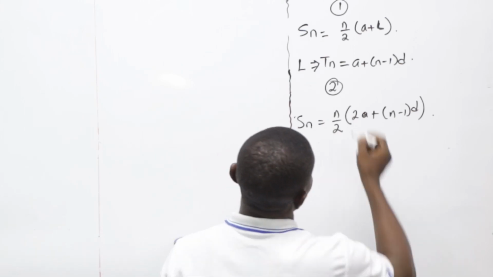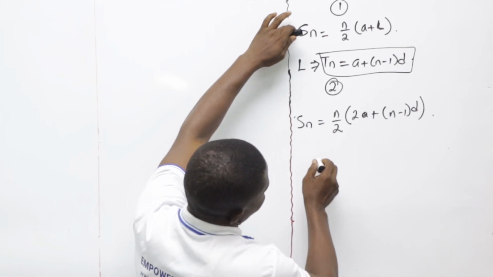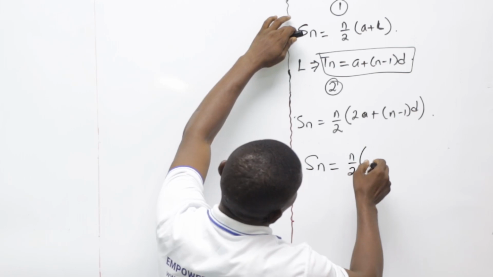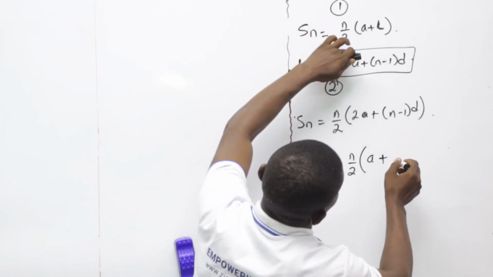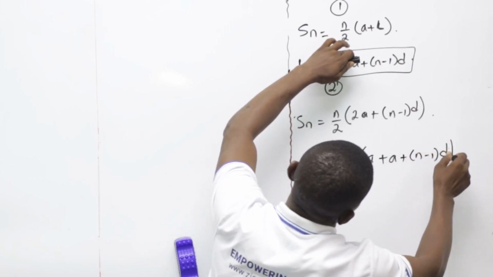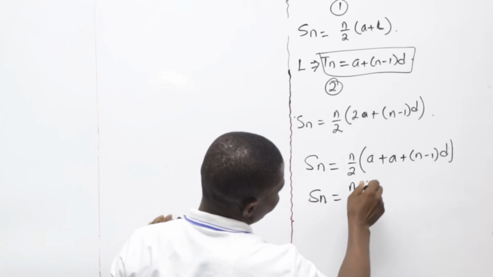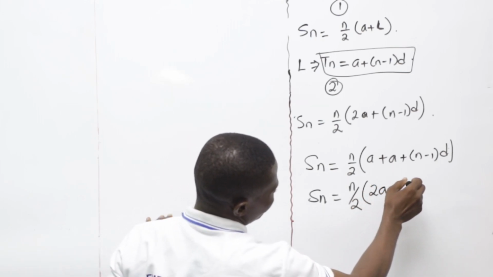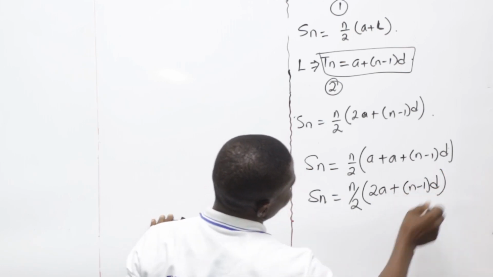If the last term equals the general formula, it then means that Sn here equals n all over 2 into A plus L. Recall that L equals A plus bracket n minus 1 into D, so that Sn equals n all over 2 into 2A plus bracket n minus 1 into D, close bracket.